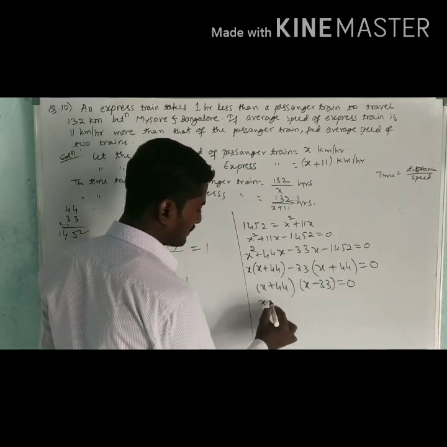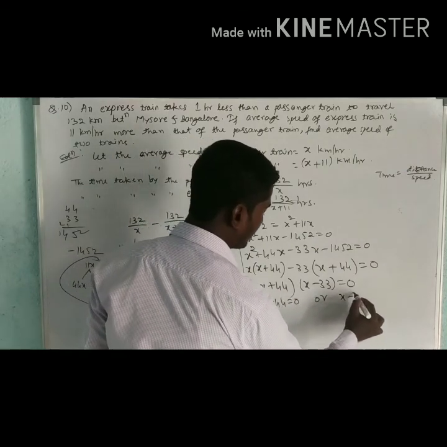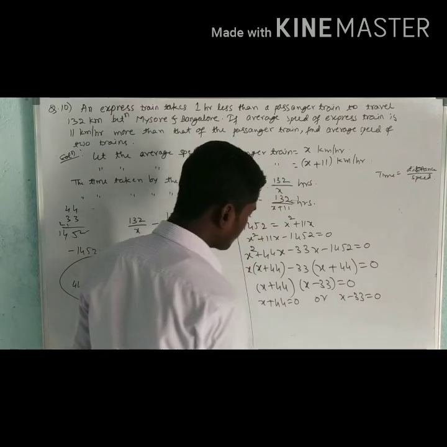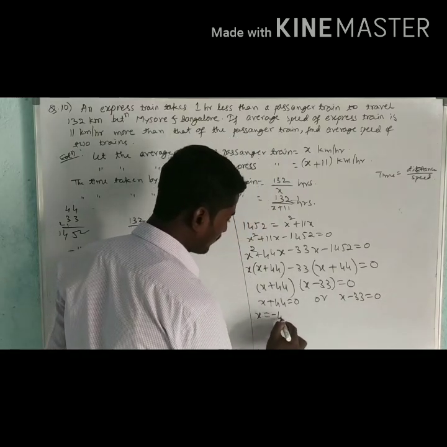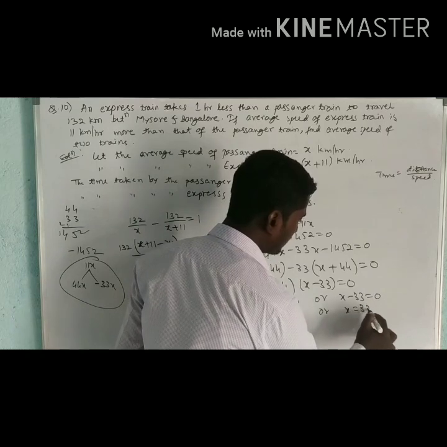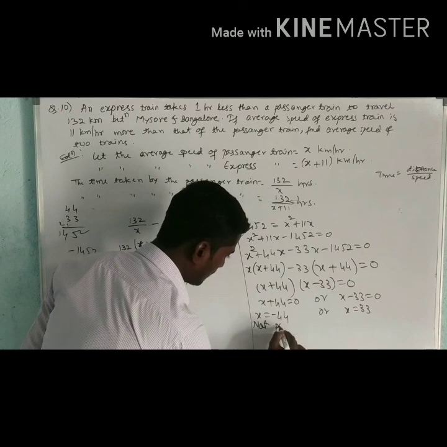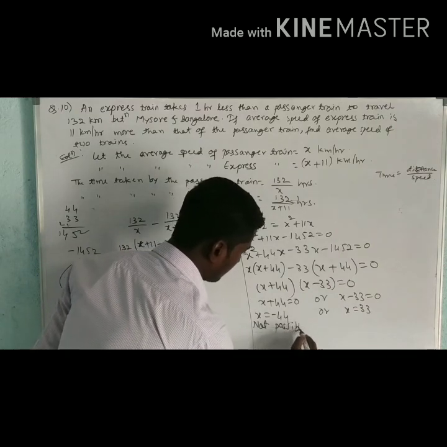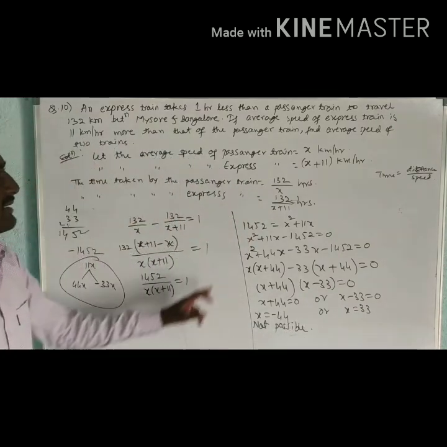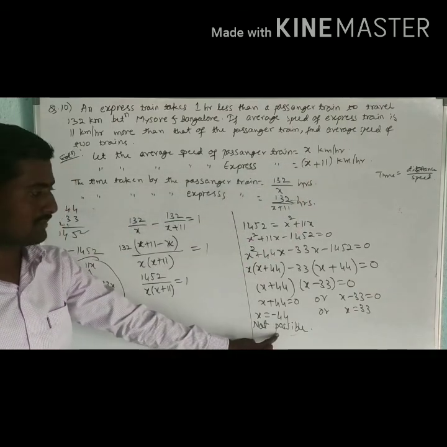Now x plus 44 is equal to 0 or x minus 33 is equal to 0. Here x is equal to minus 44 or x is equal to 33. Now this is not possible, because the x I have taken as the speed. Speed cannot be negative, so that is not possible.